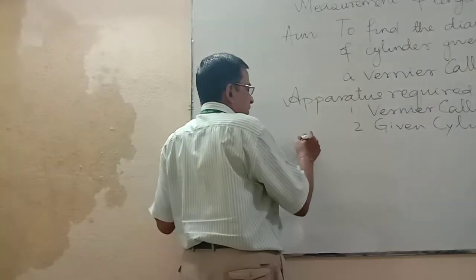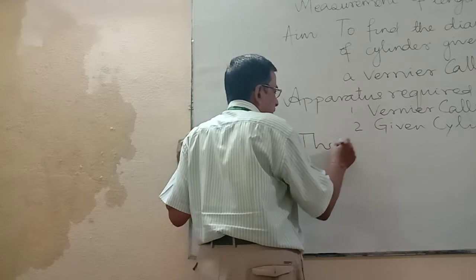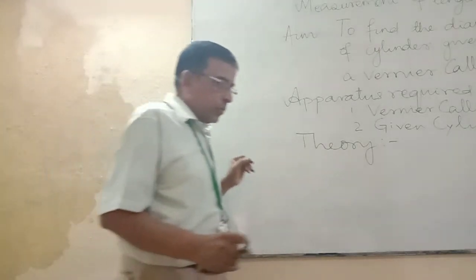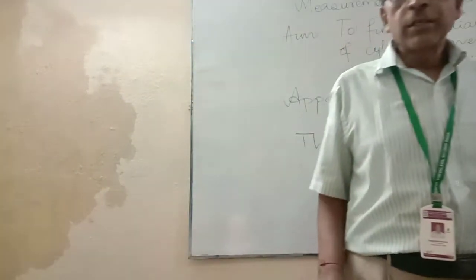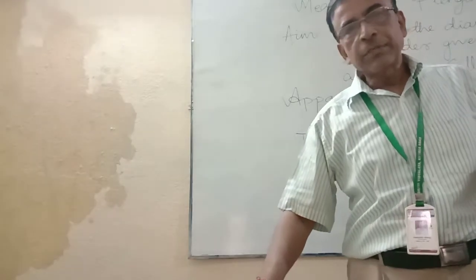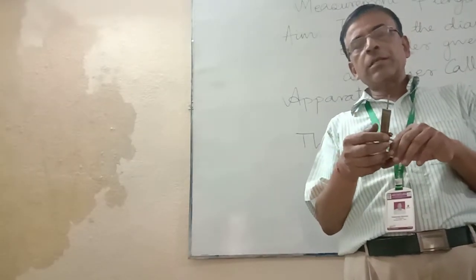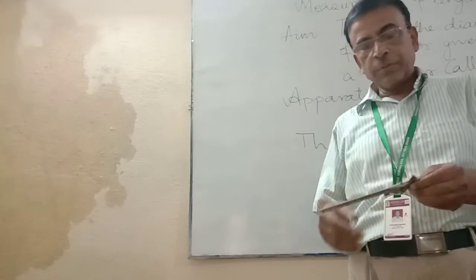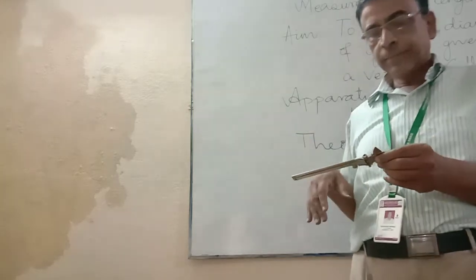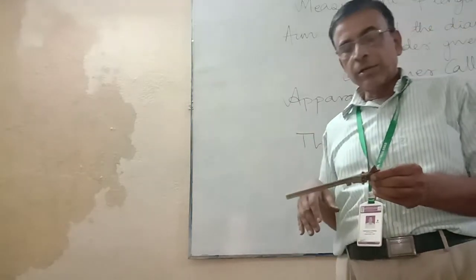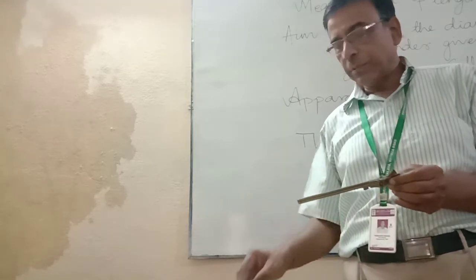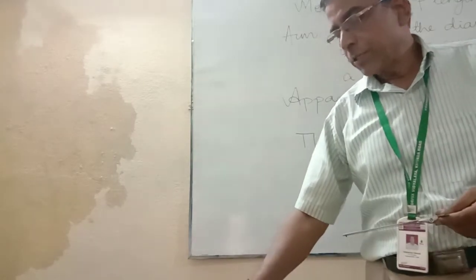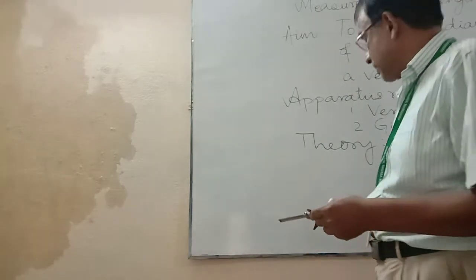Next is theory. When we are talking of theory, basically we are concerned with the least count of the device that we are using. Here the least count, or the resolution of this instrument: first you have to see whether there is zero error or not. Yes, there is no zero error because they are coinciding. First you have to see zero error.